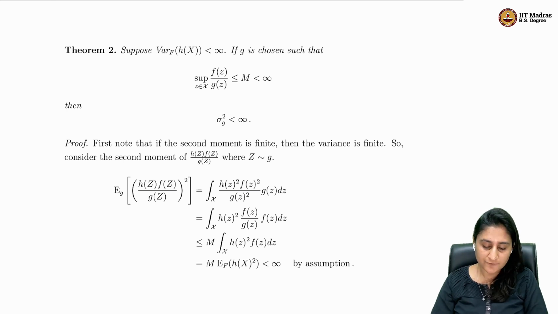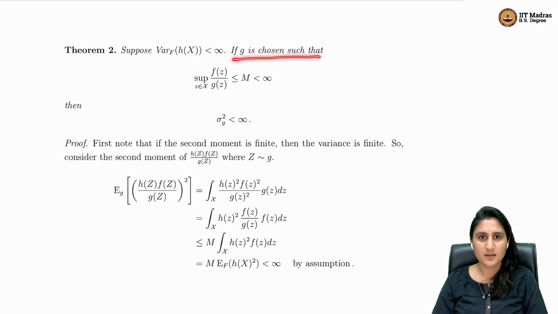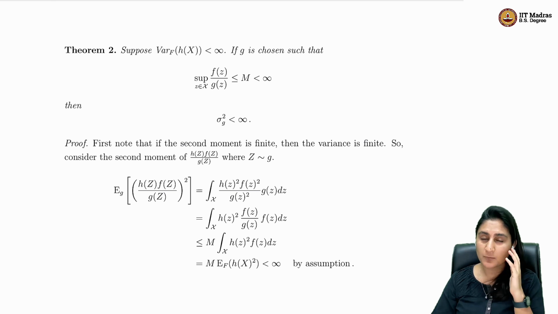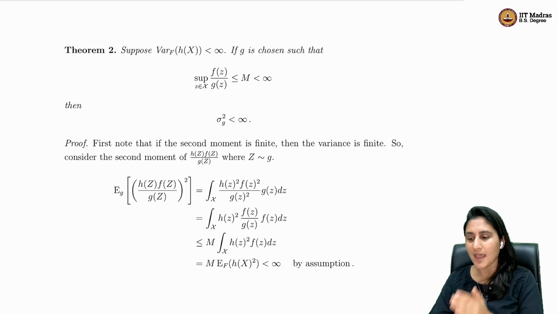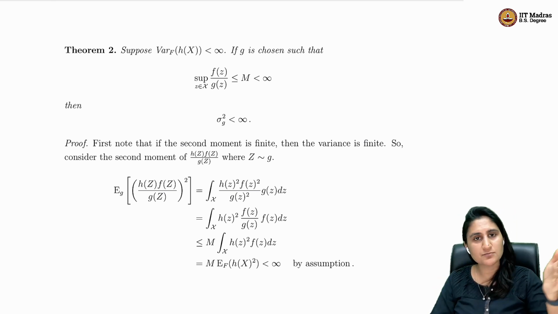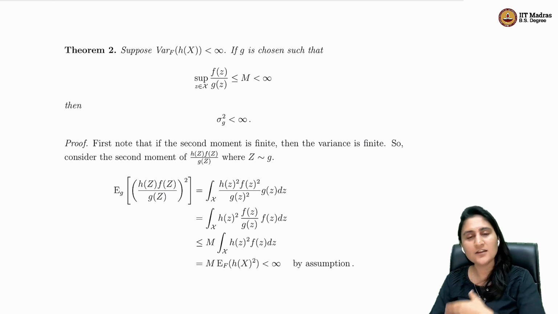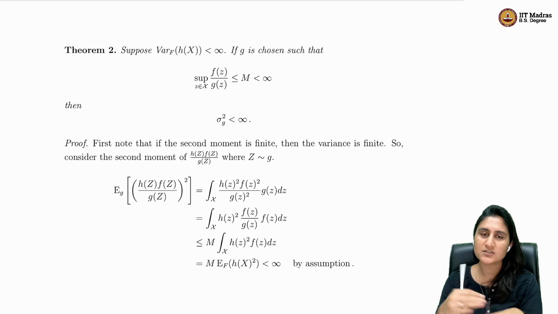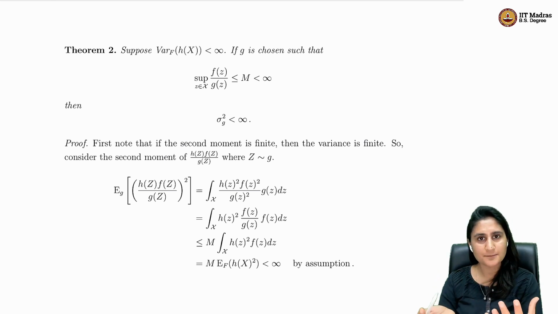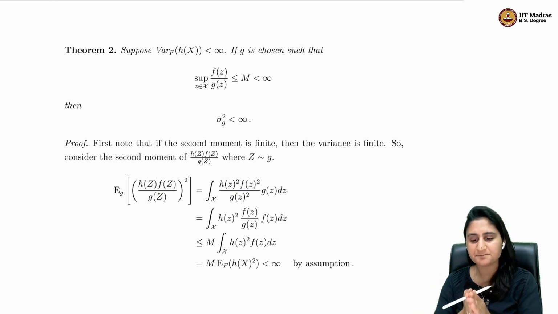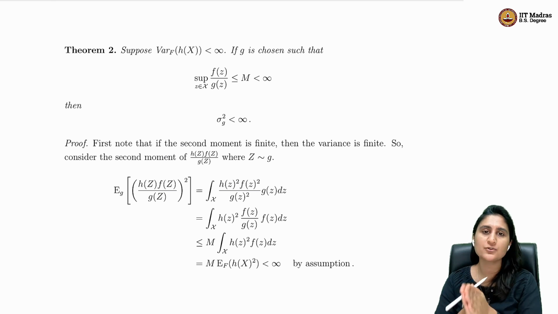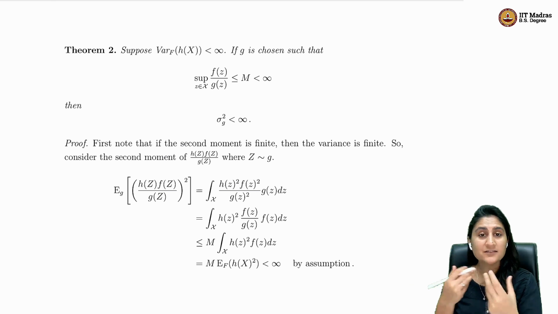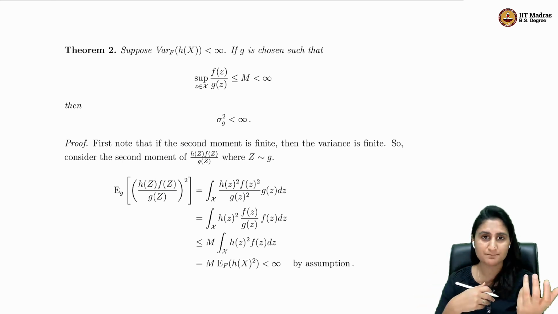Now remember we are choosing an importance distribution g, and we could choose any distribution we want. As the choice of the importance distribution changes, the quality of the estimator changes. No matter what the importance distribution is, it's always going to be unbiased. We just proved that. But we do need to ensure that the variance is well behaved, and the variance can be different for different values of g.